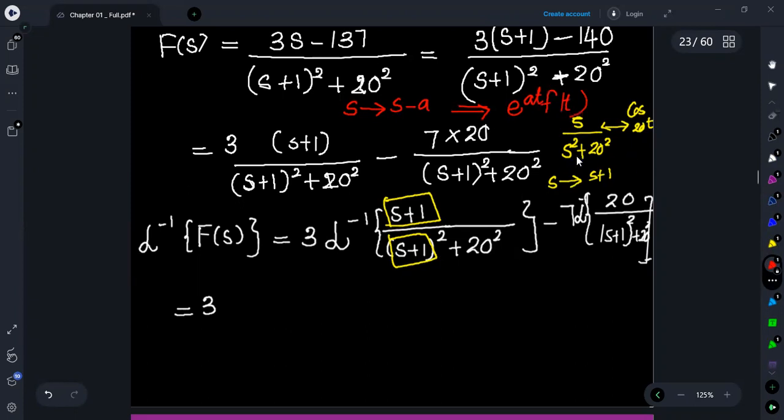But here we have replaced s by s plus 1, so the value of a is equal to minus 1. If we consider this as s only, our answer is cos 20t.